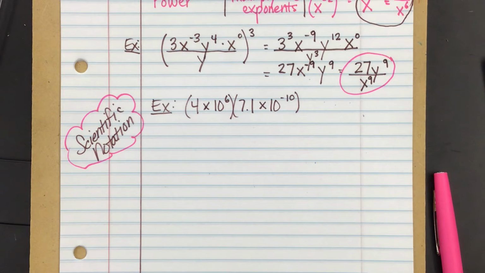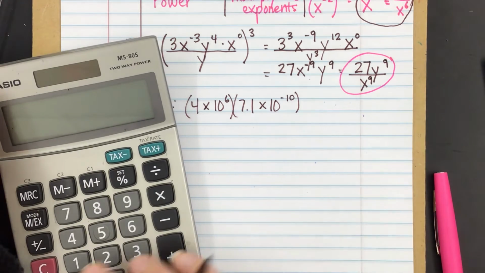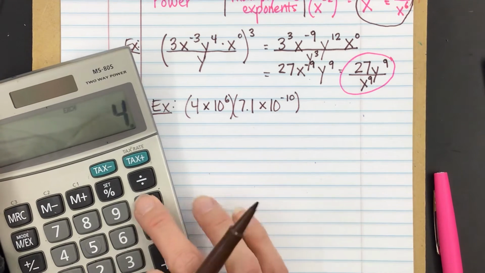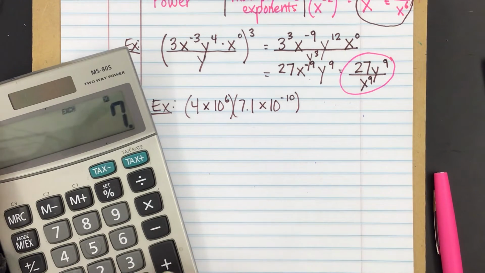So if you remember back to when we did this, we multiply those numbers together first. So we're going to do 4 times 7.1.